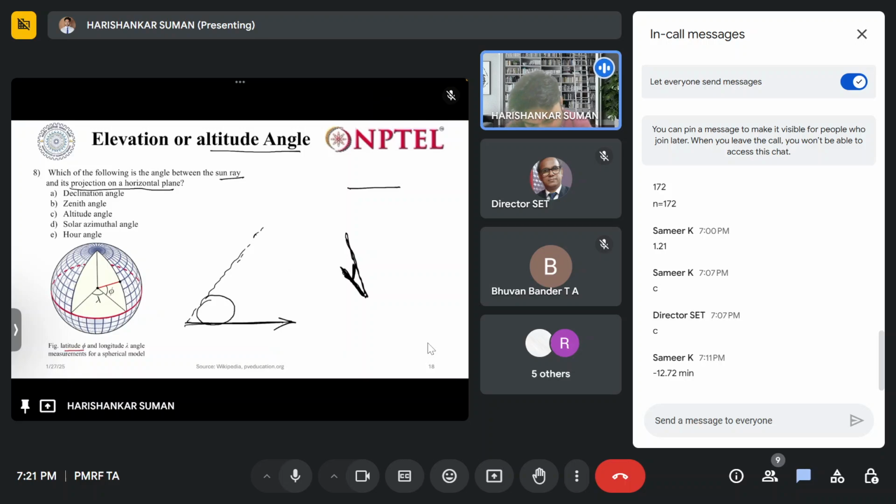Phi is latitude and longitude is lambda. Phi represents latitude, and this is represented by lambda. This is latitude and this is longitude.